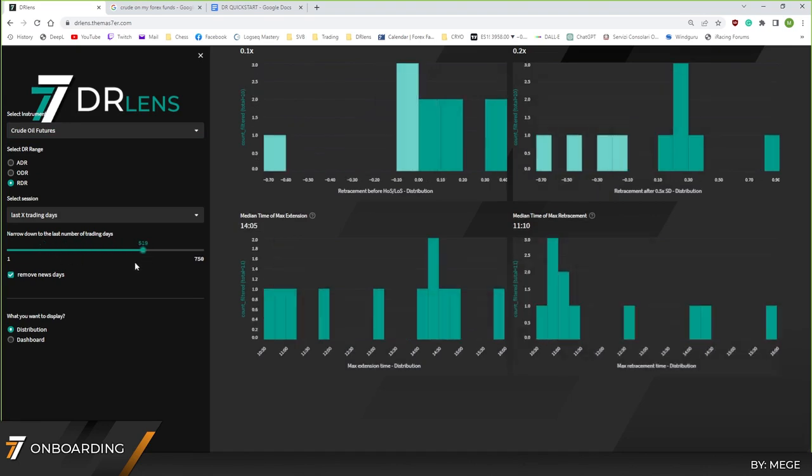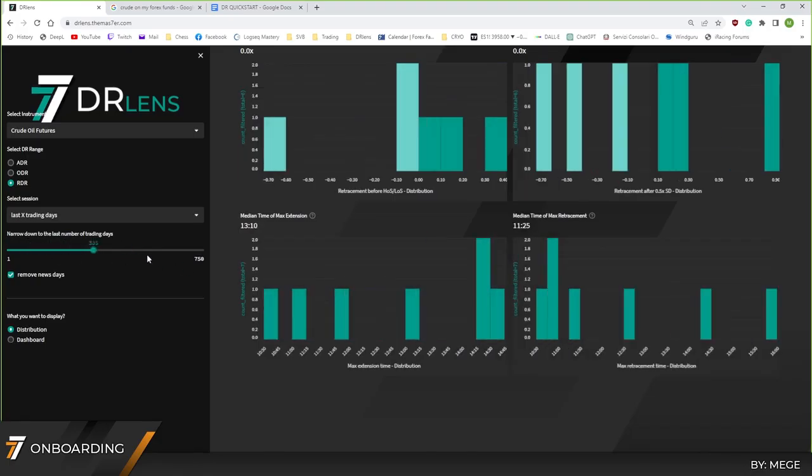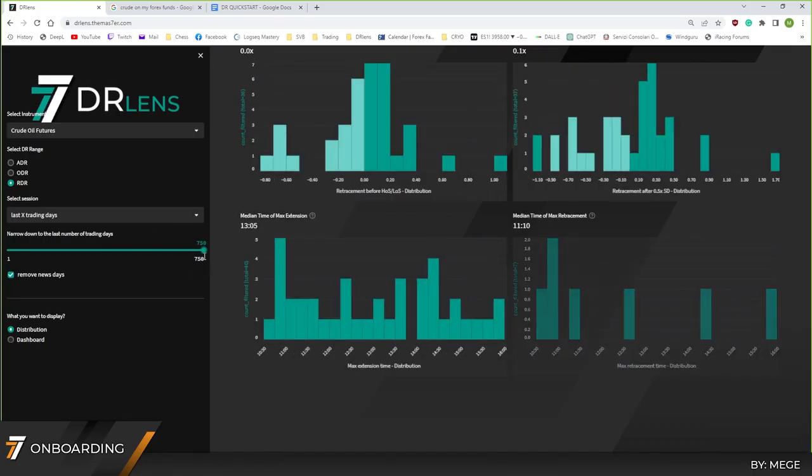So you can check how the distribution changed, from the most recent data to including up to 2 years of data. But you can see the pattern of the retracement area. That's why we use a distribution, right?